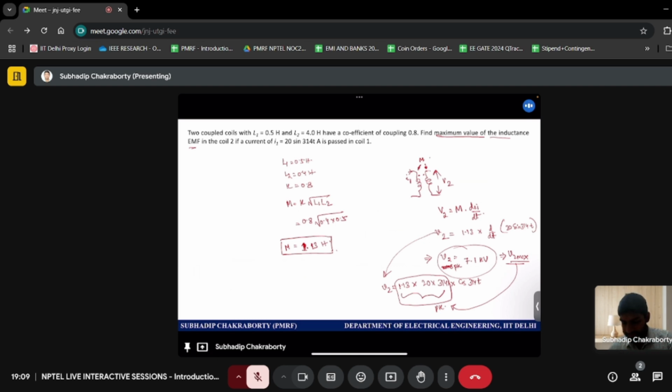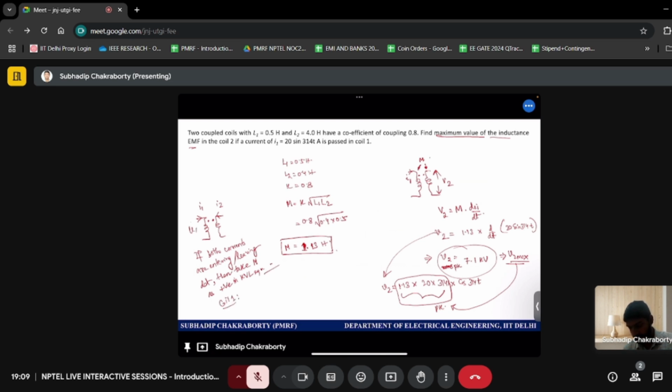And please note also we have discussed similar concepts: if both currents are entering into the dot, then take M as positive. Positive where? In the KVL equation. How to write the KVL equation for coil 1?